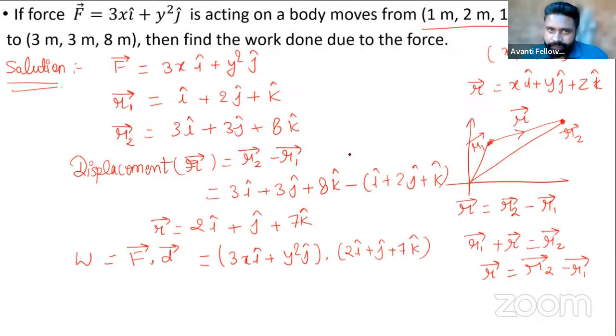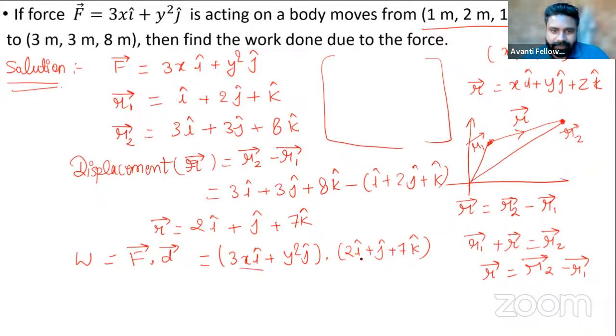Now I have told you in the previous class how to solve a dot product like this. For i dot i you have to consider only the same vector. All the other vectors present in the combination will become zero. Like i cap dot j cap will become zero, i cap dot k cap will become zero, j cap dot i cap becomes zero, and j cap dot k cap becomes zero.